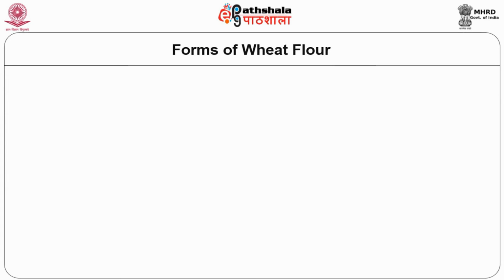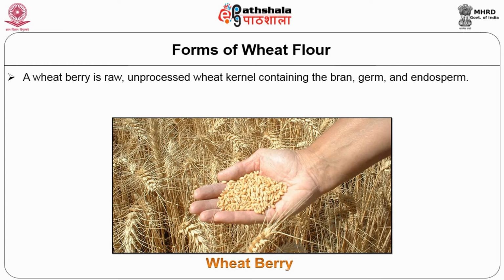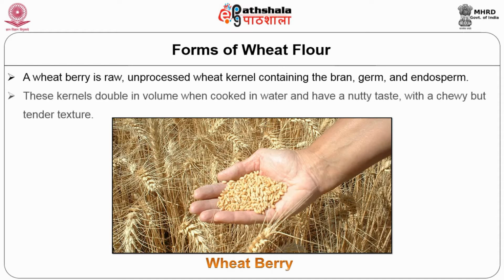Next, we will see the forms of wheat flour. Wheat is processed to different degrees to make various food products. A wheat berry is raw, unprocessed wheat kernel containing the bran, germ and endosperm. These kernels double in volume when cooked in water and have a nutty taste with a chewy but tender texture.